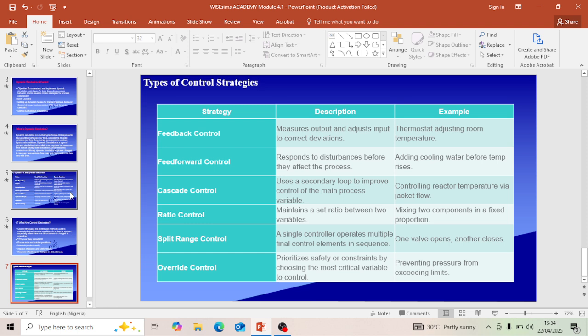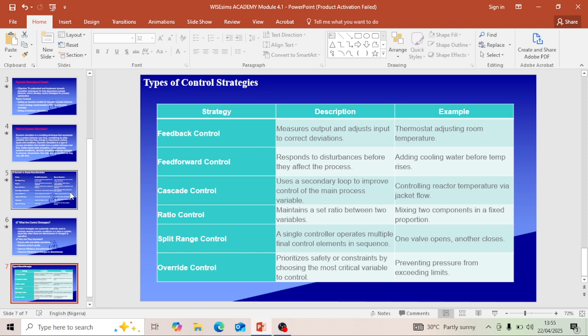Maybe you have a 2 to 1 mole ratio. You have to control the variables together at the same time so that one doesn't exceed the other. The one of 2 moles you keep at 2 moles, and the one of 1 mole you keep at 1 mole. They have to be controlled simultaneously. That's why we have ratio control.